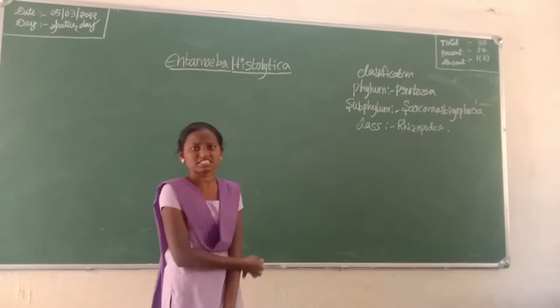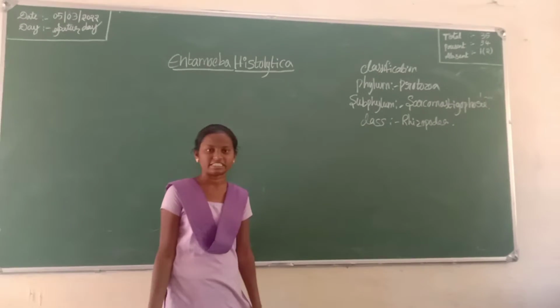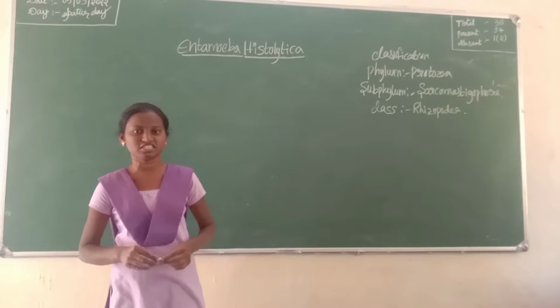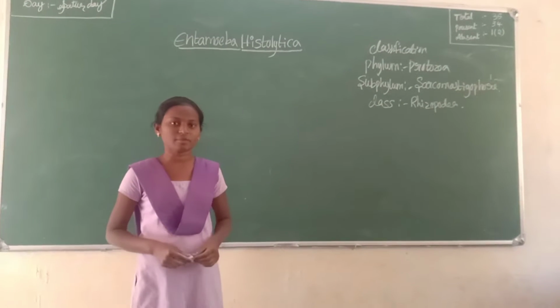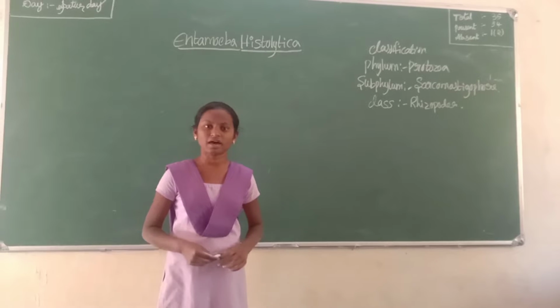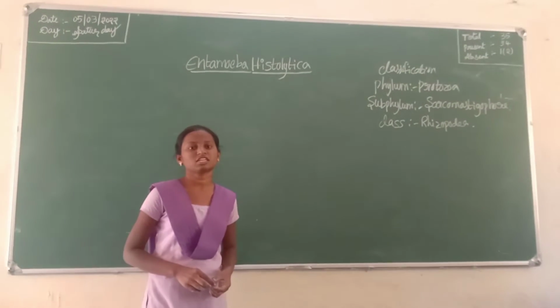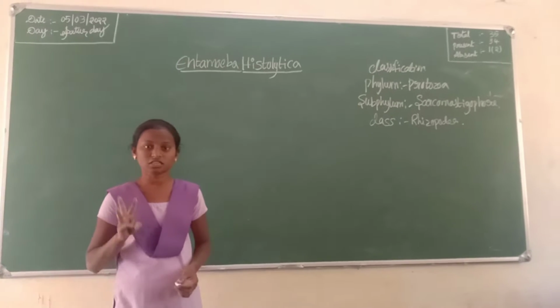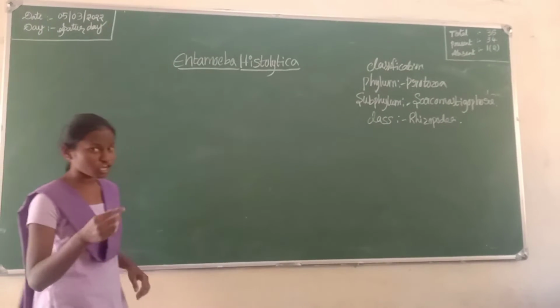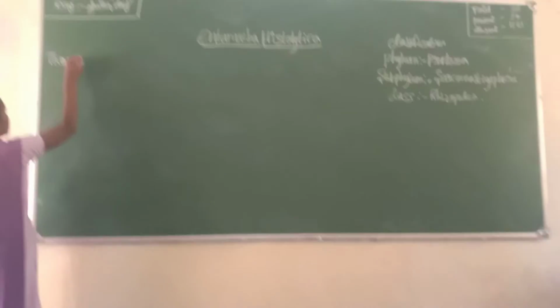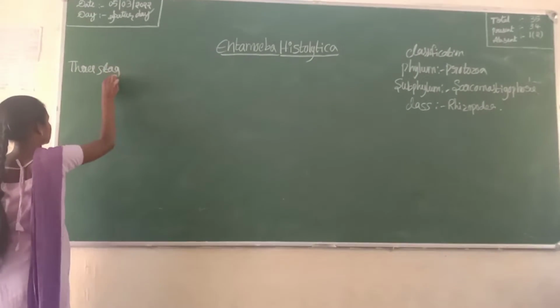We have to discuss brief information about Entamoeba histolytica. It causes amoebic dysentery and inhabits the large intestine of man. It has a pathogenic stage. The Entamoeba histolytica life cycle has three stages.